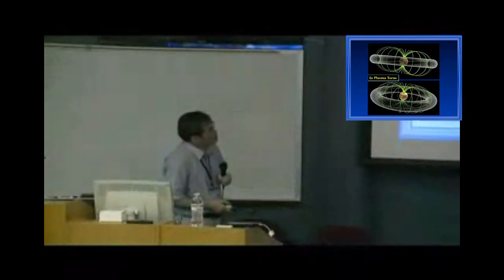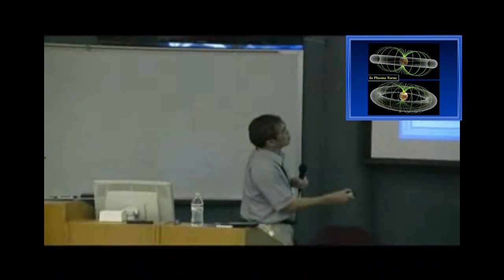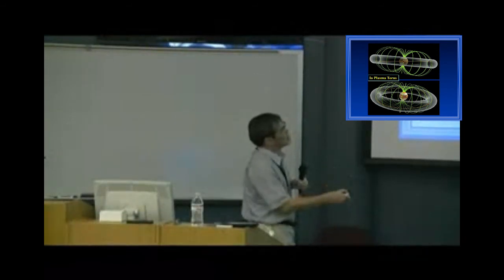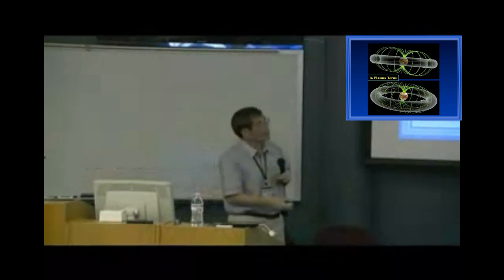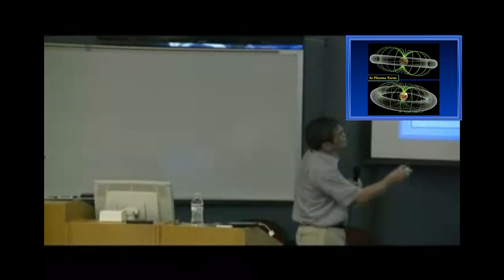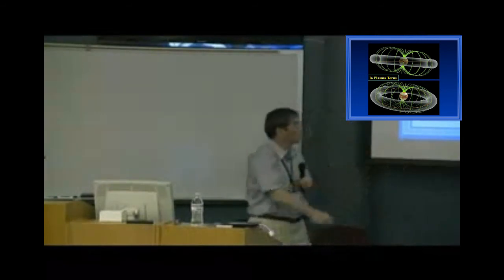Okay, so this is the plasma torus, and my model is very simple. A high-density electron cloud is located along Io's orbit, and the high-density electrons are aligned along the magnetic field line direction.